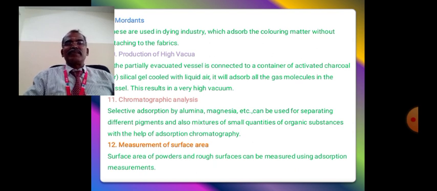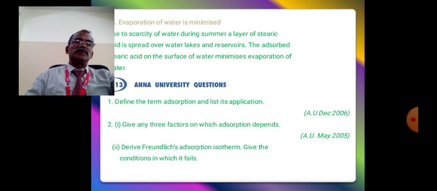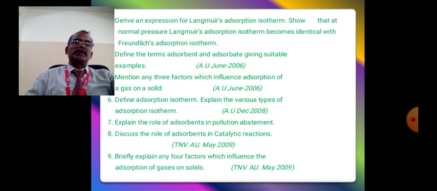And chromatography analysis. Alumina and magnesia can be used for the separation of different pigments and mixtures of small quantities of organic substances with the help of adsorption chromatography. So adsorption is used for the chromatographic technique.